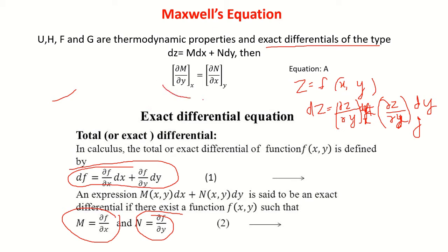Finally I can prove that dou M by dou y keeping x constant is equal to dou N by dou x keeping y constant. Anyway, this is what we call the exact differential. This comes from calculus. Please remember that. Now, using this mathematical idea, I will write down the Maxwell's equations.